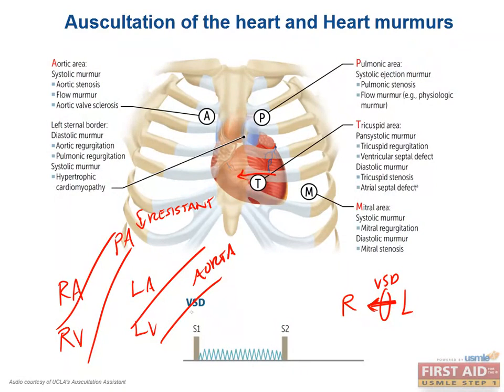The reason for this pressure gradient is that there's actually much less resistance for blood to flow this way across this defect. If this VSD is large enough, you can actually have the pressure in the right ventricle and the pressure in the left ventricle equilibrate.